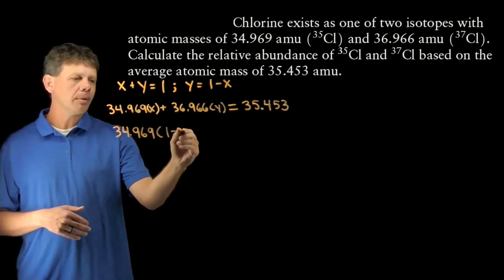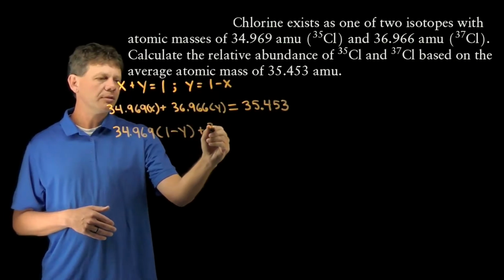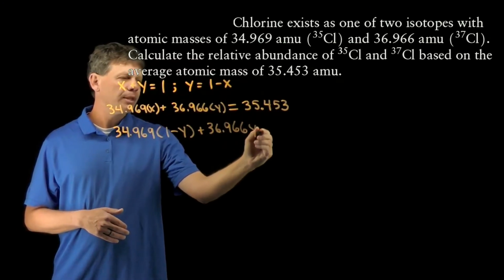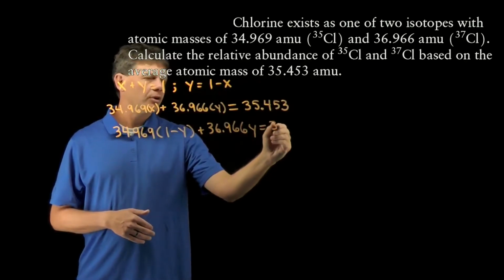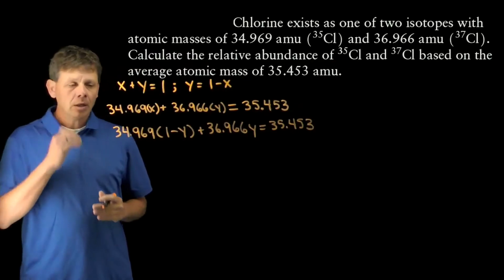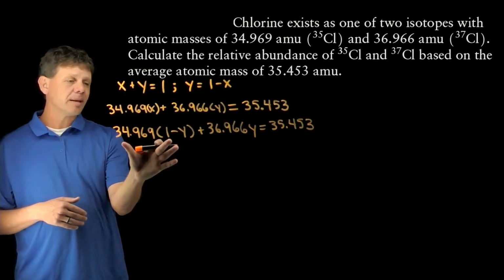34.969 times 1 minus y plus 36.966y is going to be equal to 35.453. Doing the algebra, we now need to separate this.